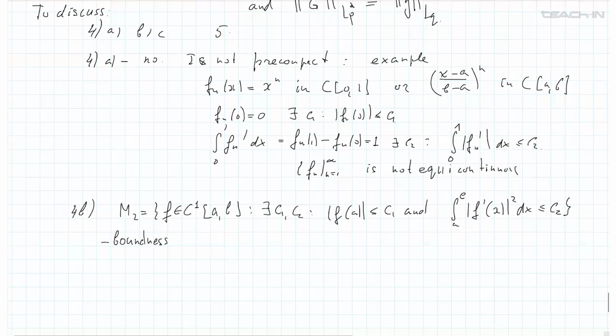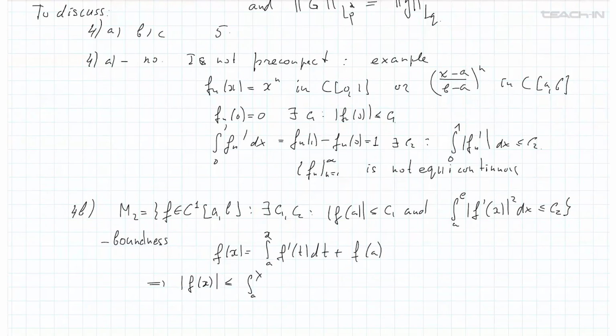We know that f(x) equals the integral from a to x of f'(t) dt, by the Newton-Leibniz formula, plus f(a). Then |f(x)| is less than the integral from a to x of |f'(t)| dt plus |f(a)|, which is less or equal to the whole integral from a to b of |f'(t)| dt plus C1.